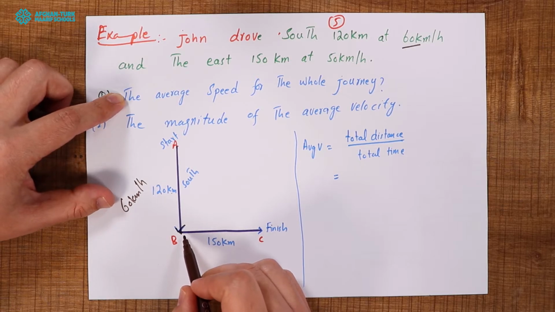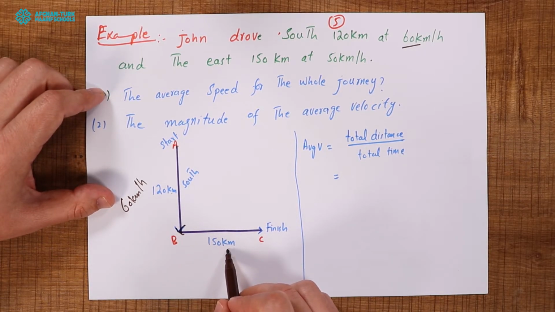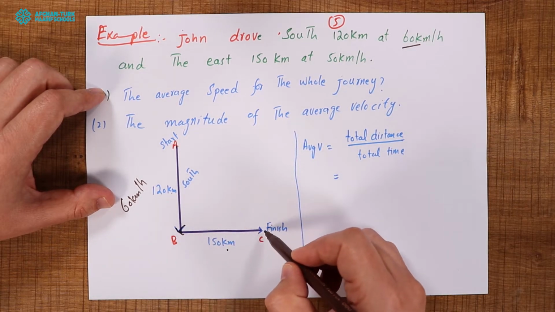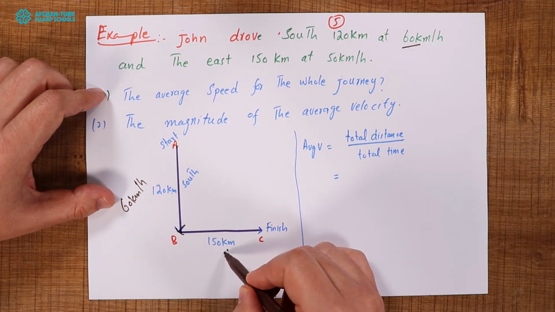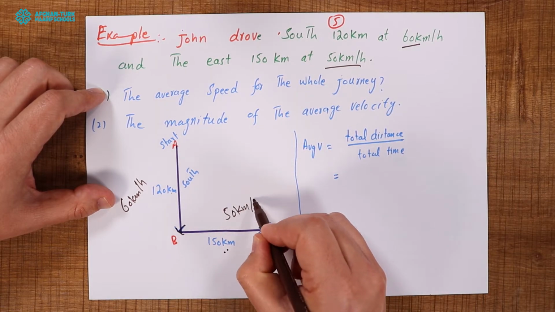Then he stops here and drives 150 kilometers at a speed of 50 kilometers per hour.